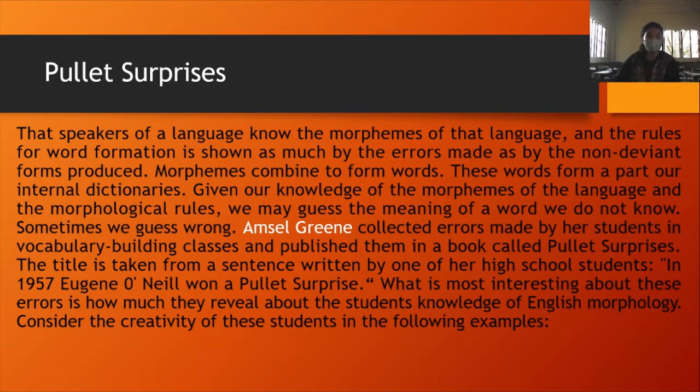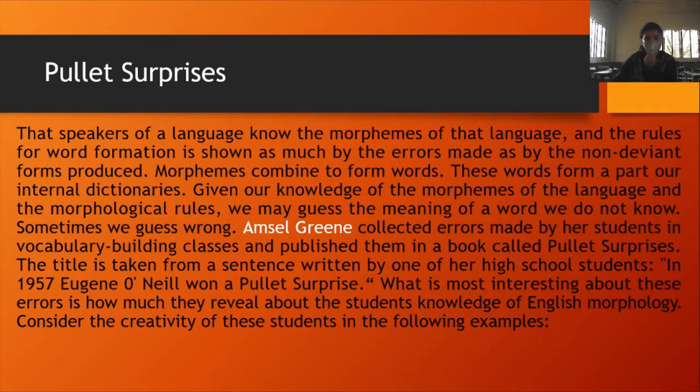That speakers of a language know the morphemes of that language and the rules for word formation is shown as much by the errors made as by the non-deviant forms produced. Morphemes combine to form words. These words form a part of our internal dictionaries. Given our knowledge of the morphemes of the language and morphological rules, we may guess the meaning of a word we do not know. Sometimes we guess wrong.